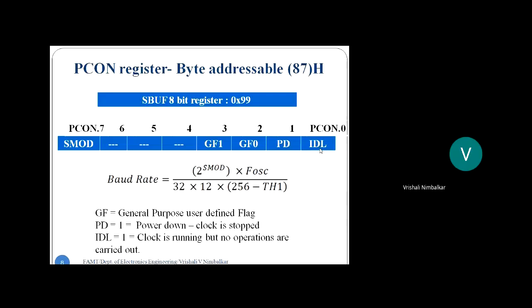Whenever that bit is 1, suppose the idle mode bit PCON.0 is 1, it means the microcontroller is in idle mode. What is idle mode? In idle mode, the CPU stops working, whereas the other peripheral circuitry and the other registers are active.